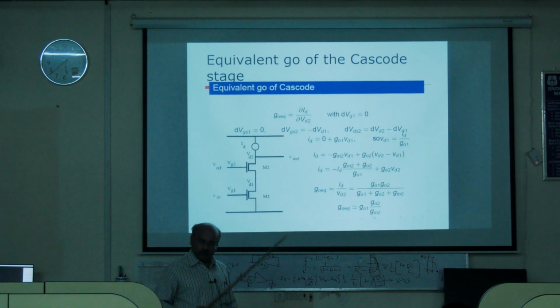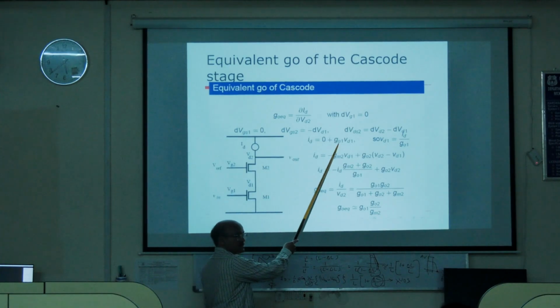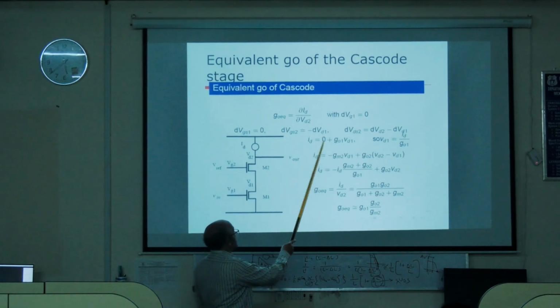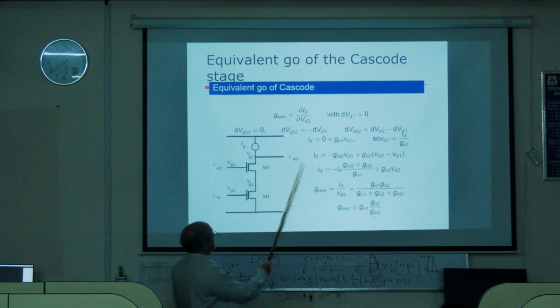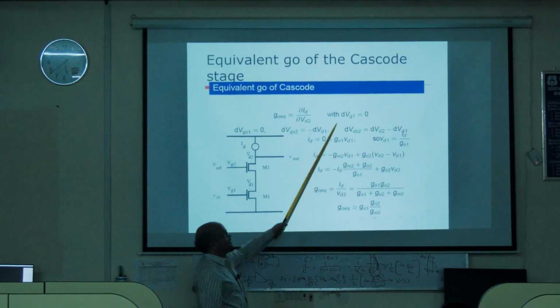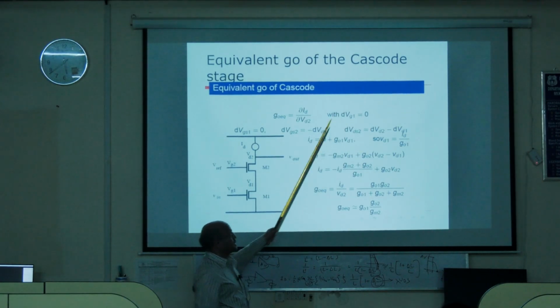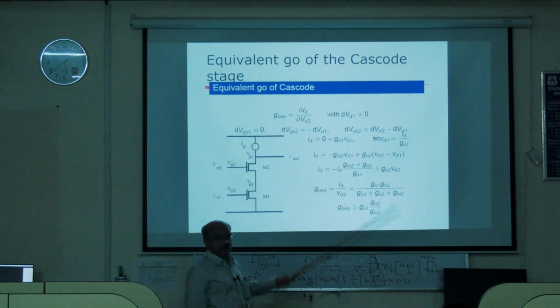G01 for transistor M1 only I am writing. But Gm1 Vg1 is 0, because I am calculating with Vg1 as 0, so dVg1 or small vg1 are the same. Therefore this fellow is 0. ID is equal to G01 Vd1.